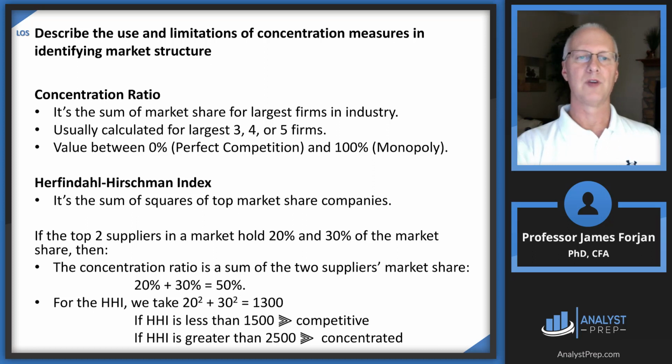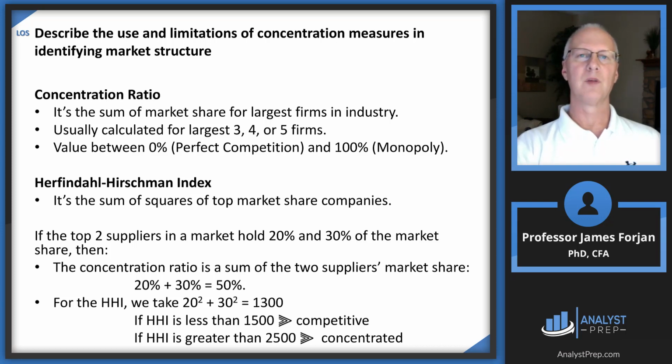One is the concentration ratio, and one is the HHI, the Herfindahl-Hirschman index. The concentration ratio is really pretty simple. It's just a sum of the market share of the largest firms within an industry. It's typically computed using the top handful of firms, and the values can be between 0 and 100%.